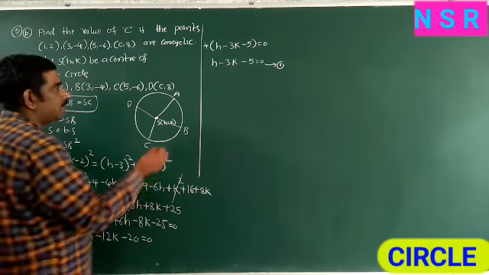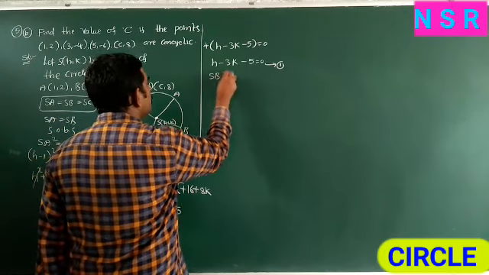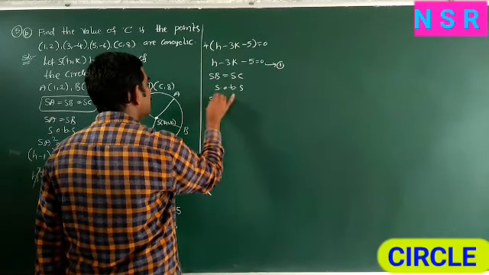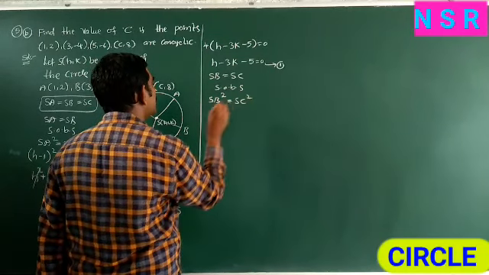So next consider SB is equal to SC, squaring on both sides. SB² is equal to SC².